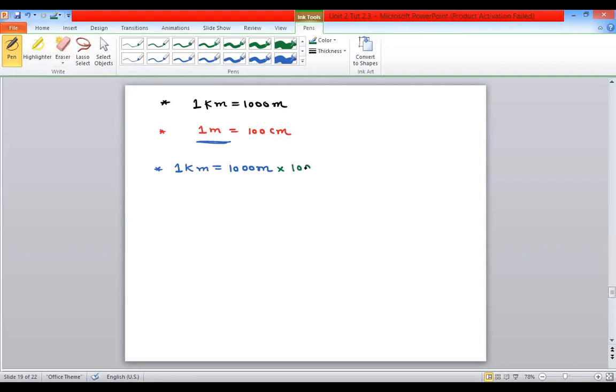So meter is converted into the centimeter. 1000 into 100 centimeter. So 1 kilometer is equal to, remember it's a very important thing, how many zeros? 5 zeros.